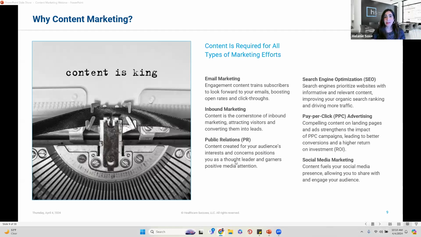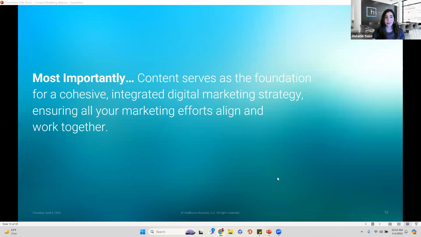So if you look at it that way, content is king, obviously, and you need it for everything. But most importantly, it serves as the foundation for a cohesive, integrated digital marketing strategy, ensuring all of your marketing efforts align and work together. So, in my opinion, that's why it's valuable to set that stage.